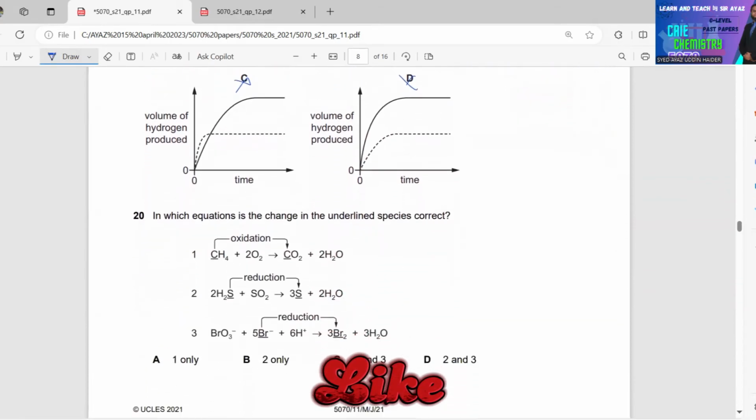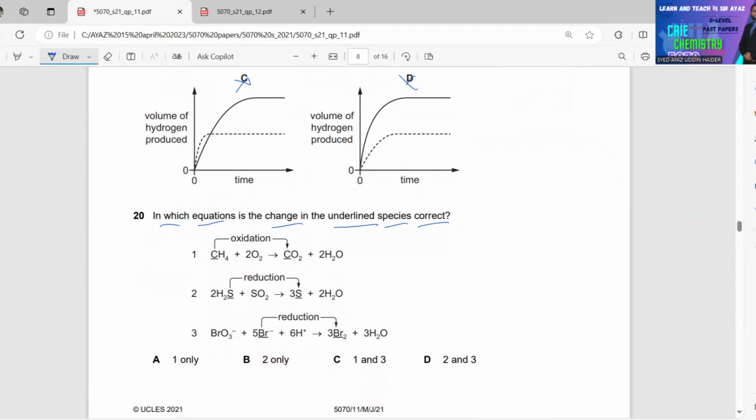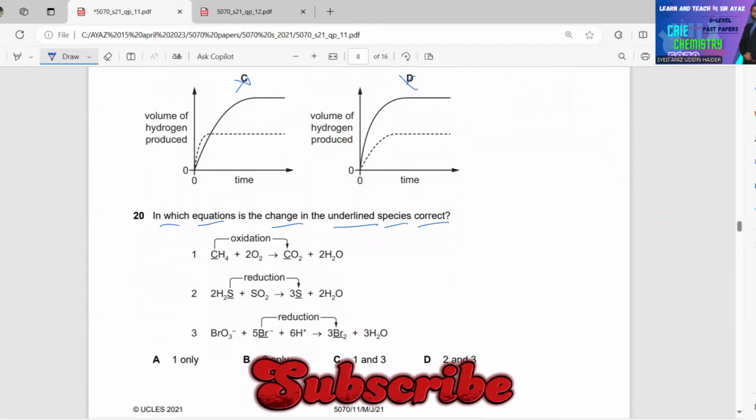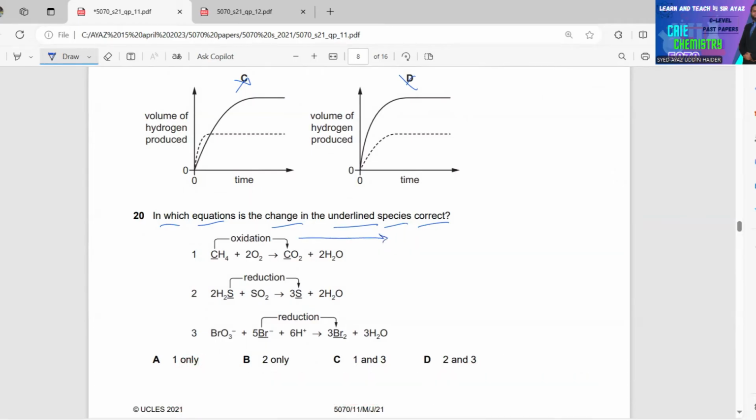Moving to next question. In which equations is the change in the underlined species correct? In 1, C is underlined for CH4 and CO2. In CO2, C is underlined. So is it undergoing oxidation? There's addition of oxygen on the right hand side. So it's correct.